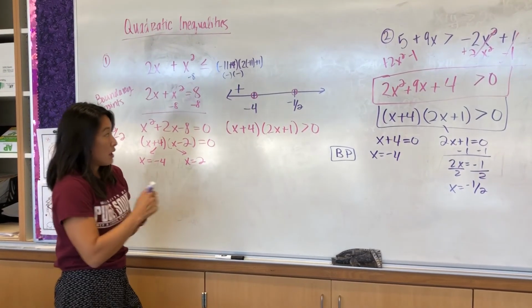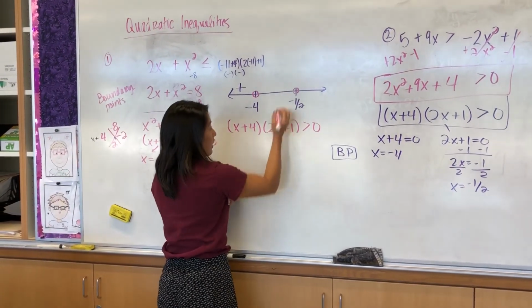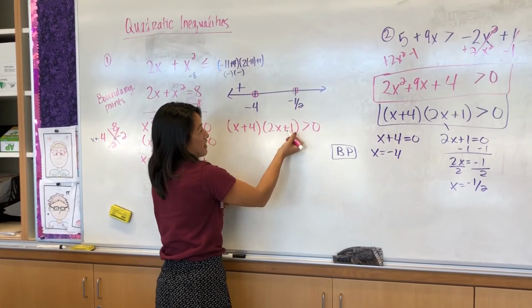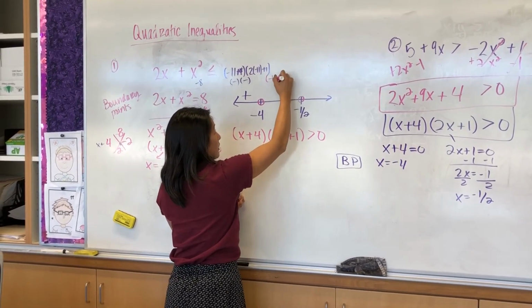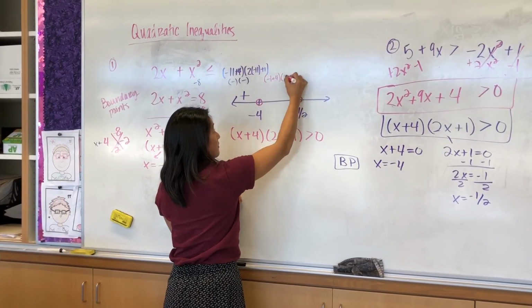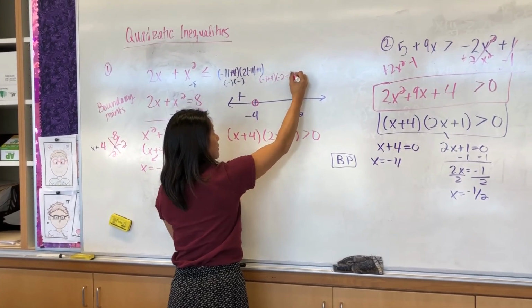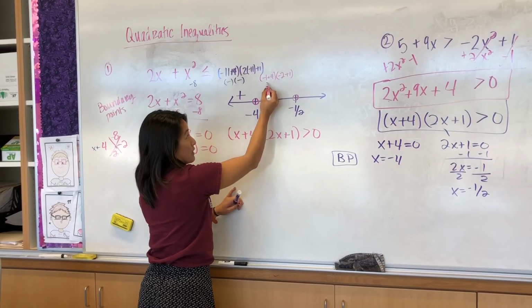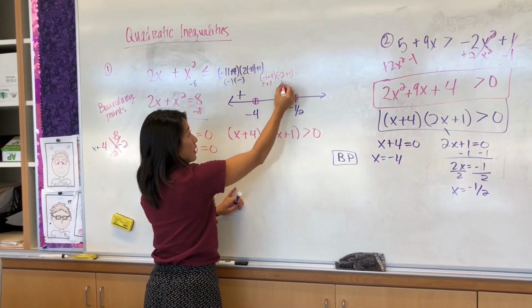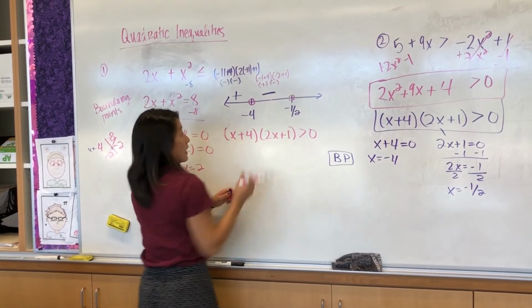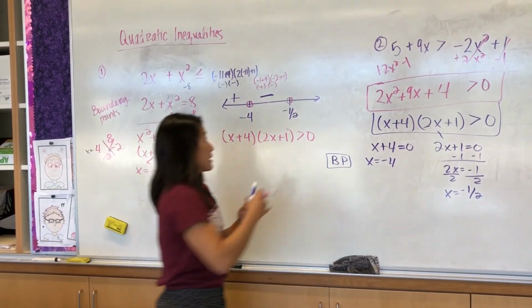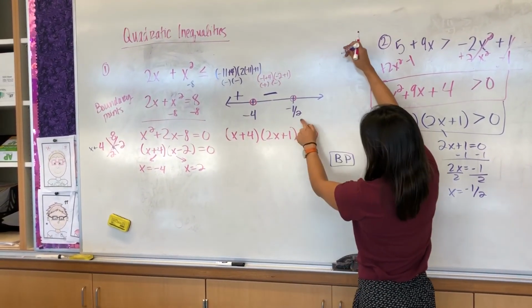Okay? In the middle, I can't use 0 this time. Let's use negative 1. Okay? So negative 1 plus 4 times negative 2 plus 1. Okay, so that is a positive times a negative, which gives me overall a negative. Negative outputs. Okay, something greater than negative 1/2.